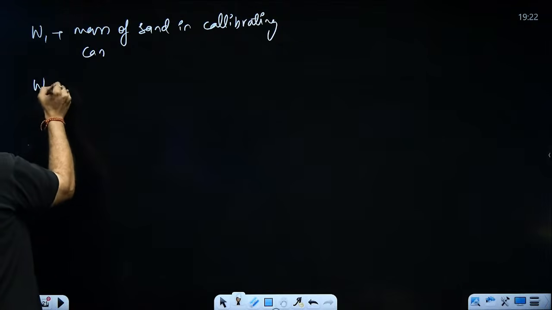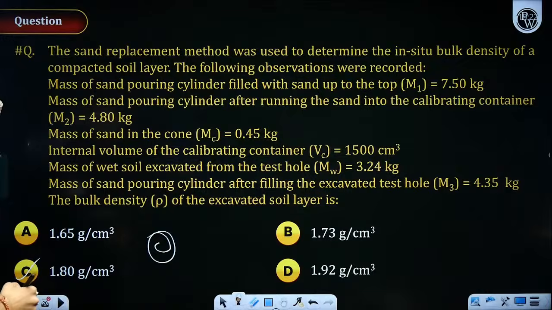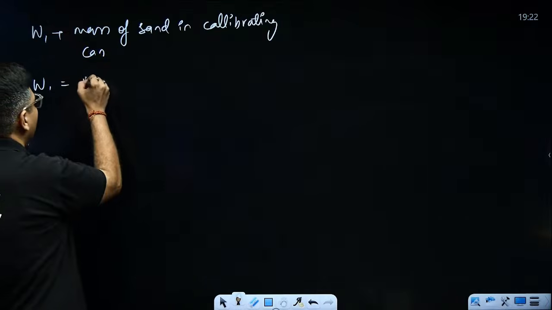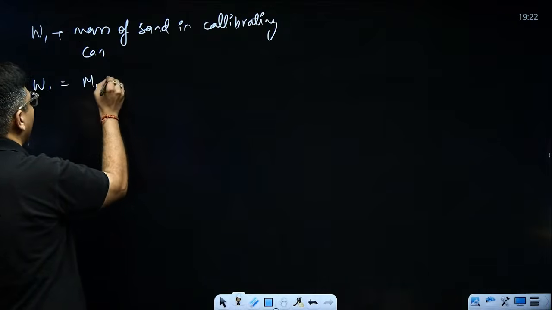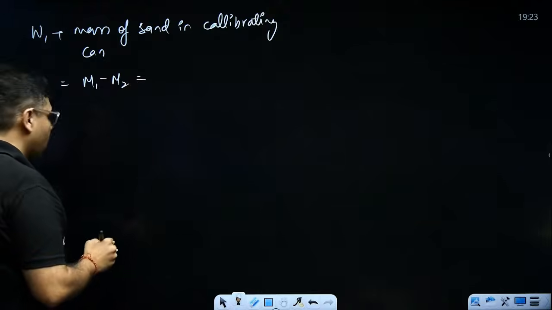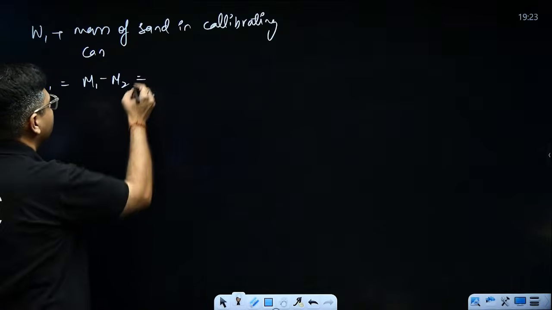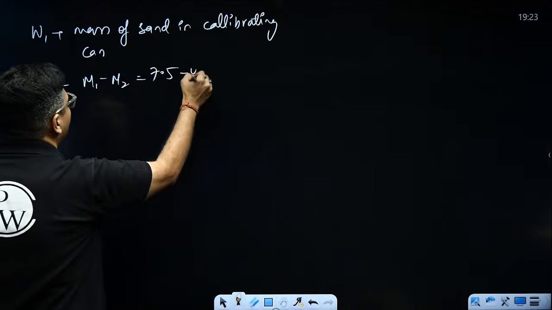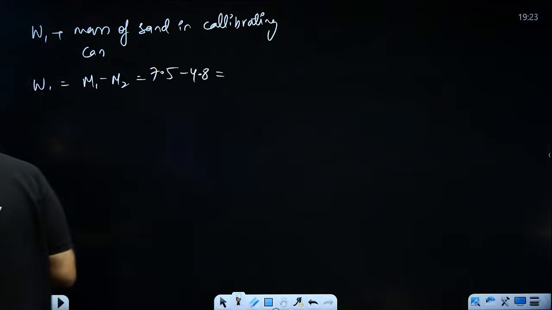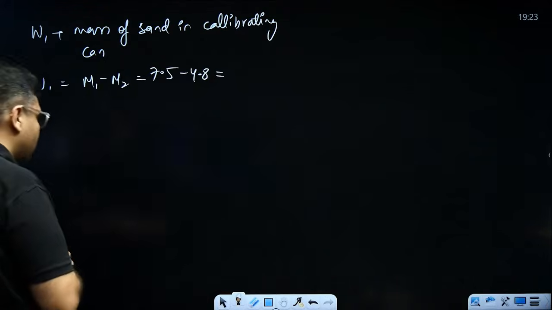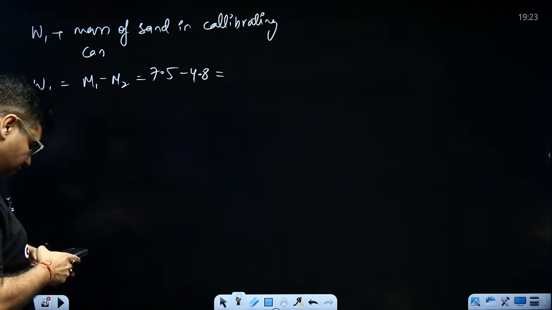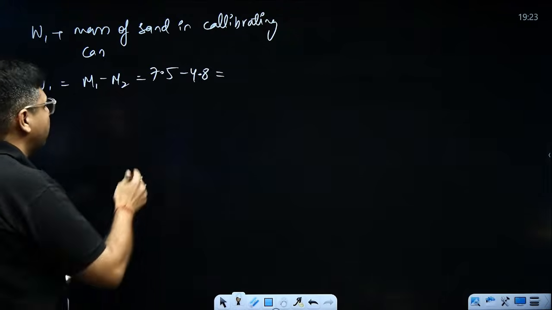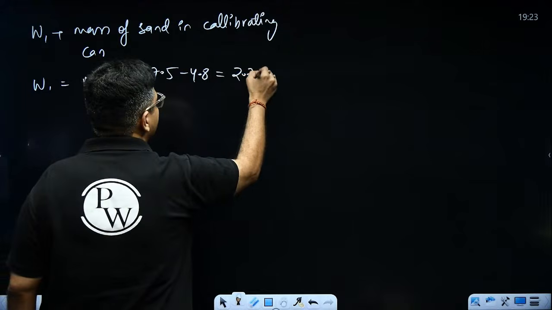W1 is M1 minus M2, 7.5 minus 4.8, that is 2.7 kg.